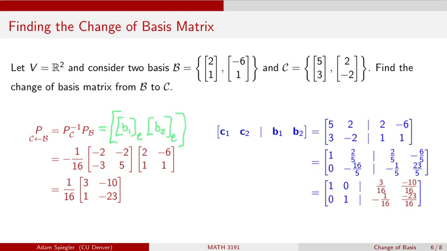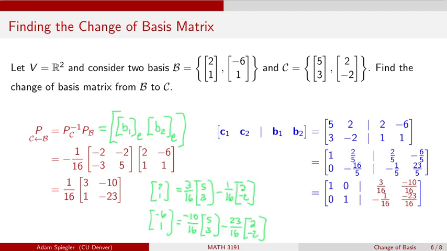And in the previous theorem, we were told that this change of basis matrix from B coordinates to C coordinates, we can also find this by taking B1 and writing it in C coordinates. That's going to be the first column of the change of basis matrix. And then taking B2 and writing it in terms of its C coordinates. And that's going to be the second column of the change of basis matrix.